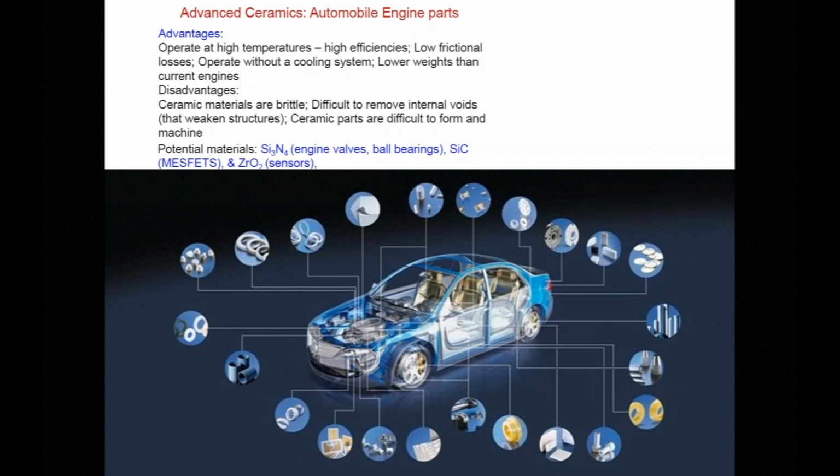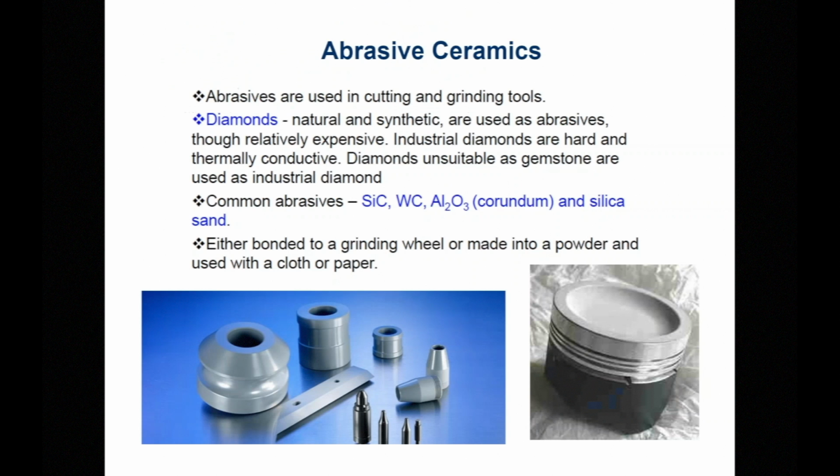In other words, ceramic parts are more difficult to form and even machine. Yet these materials, when properly made, are the only materials that can do the job compared to your metal and polymer materials. So automotive industry will increase its usage, especially for under the hood applications for ceramic materials in the future.